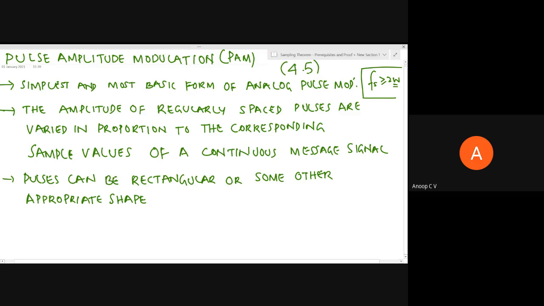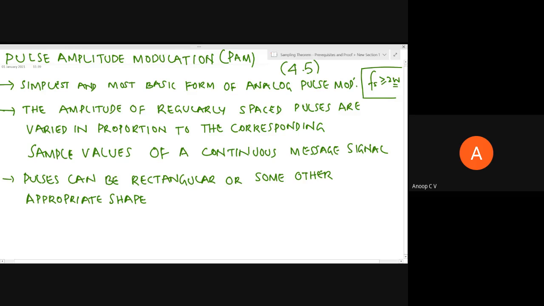As I told initially itself, digital modulation techniques can broadly be divided into digital baseband techniques and digital band pass techniques. Digital baseband technique is used for wired transmission of signals, so mostly we'll be using some pulses to transmit the digital information.